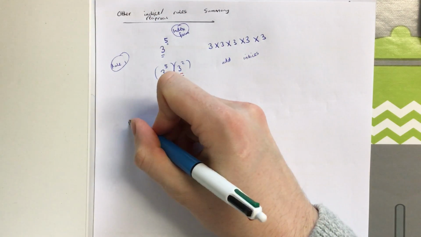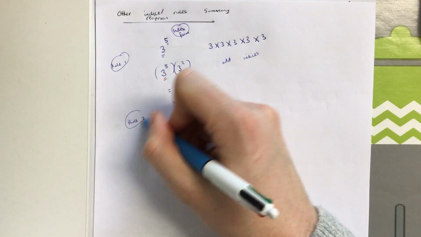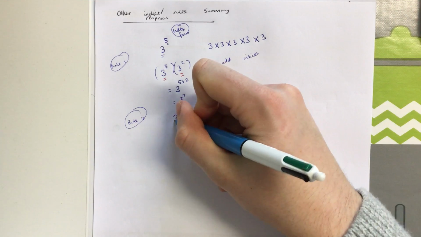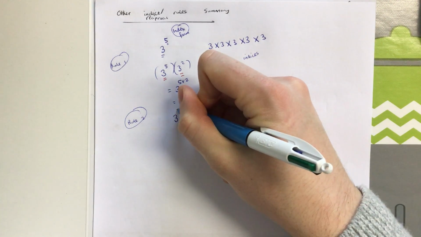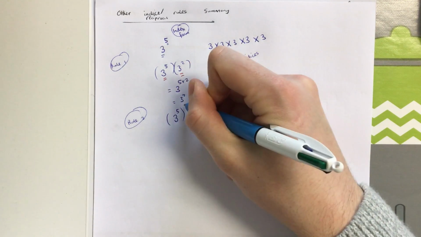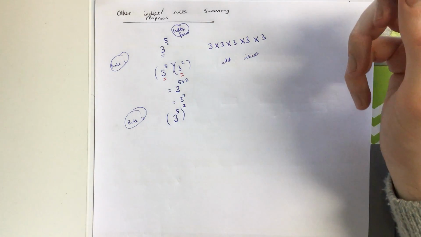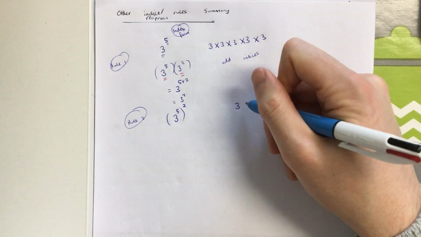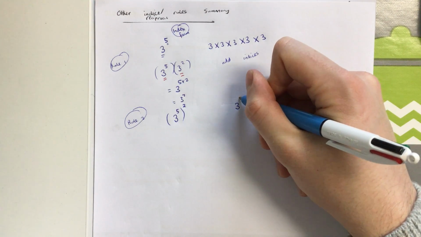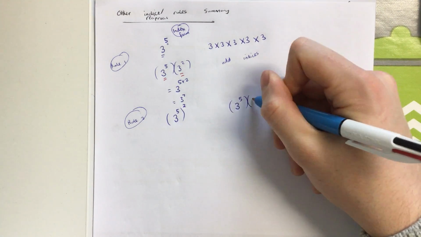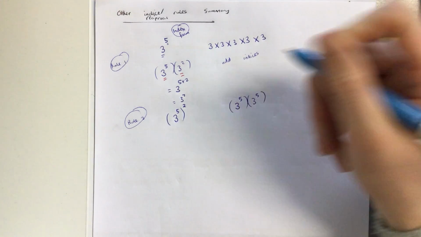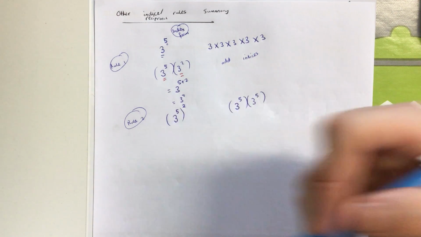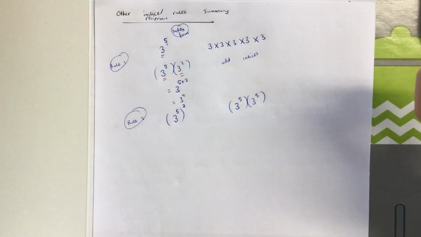Rule 2. When you have, for example, 3 to the power of 5, and now we're told to the power of 2, what this really means is I have 3 to the power of 5 multiplied by 3 to the power of 5, because it's this number multiplied by itself twice.